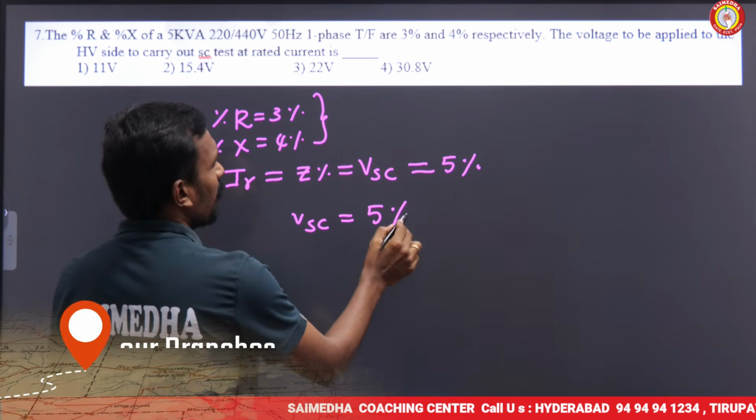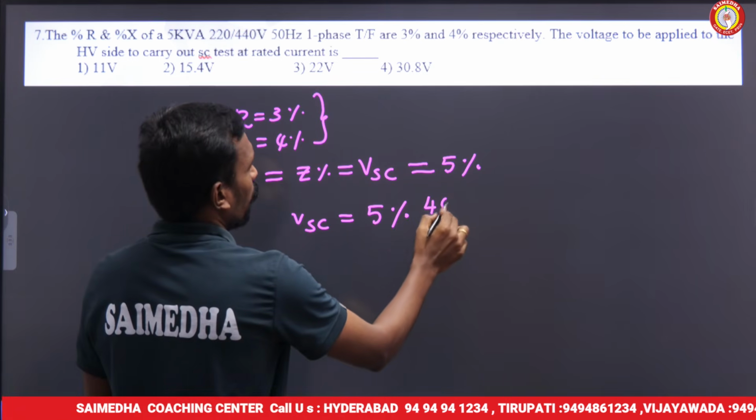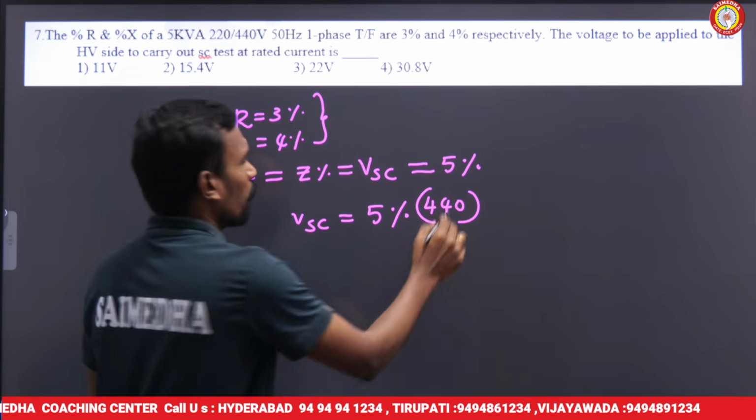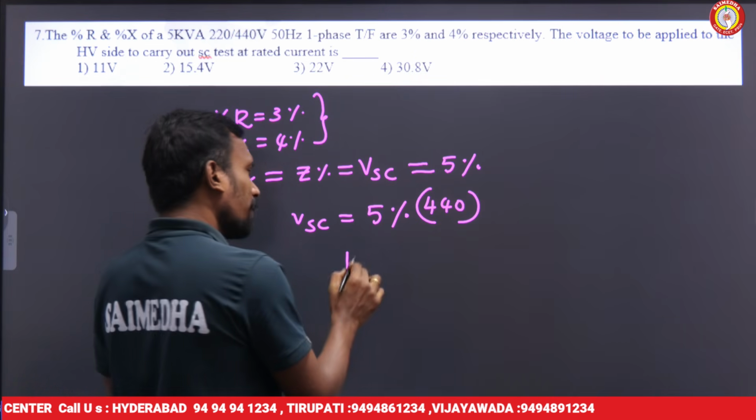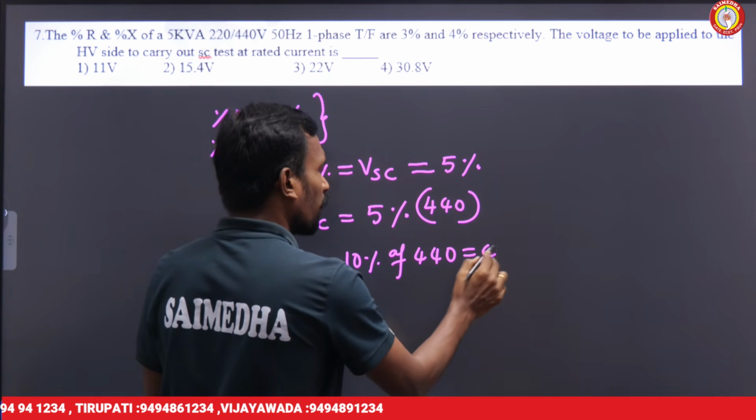So how much do we need to apply? 5% of the EMF. What is HV here? 440. 5% of 440. What is 10% of 440? 10% of 440 is equal to 44.